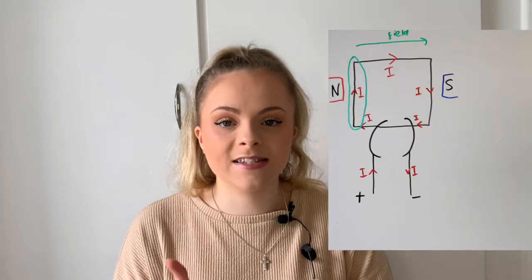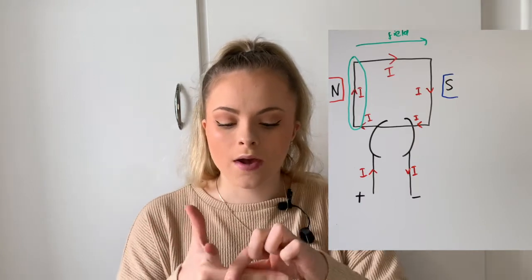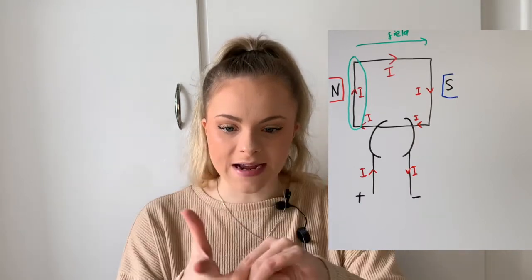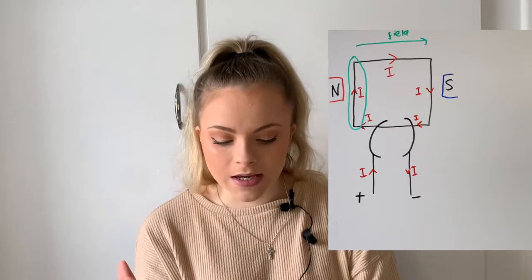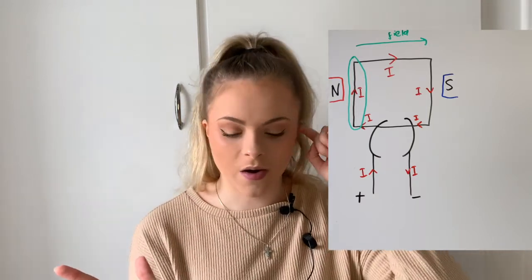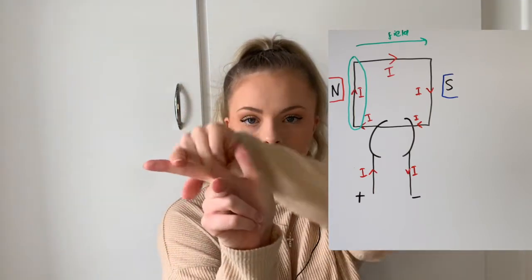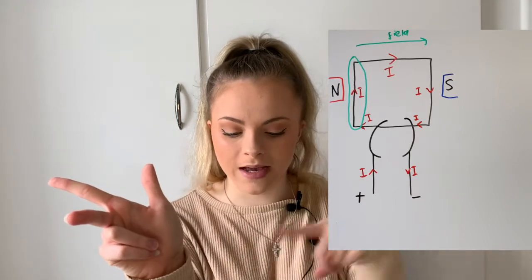So the first thing we picked up was the current. Remembering that second finger is current because of the C in second, we're going to place our finger from positive to negative. So that would be starting closest to us and pointing away from us, because that's the direction of our current. Then first finger field, well, that's going from north to south and that's going from left to right.